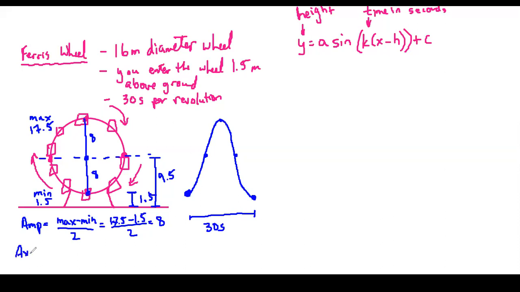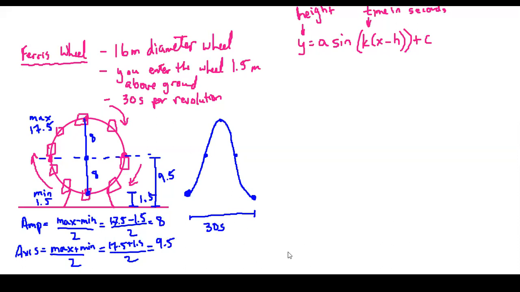The axis is the max plus the min over 2, or the average of the two. So we have 17.5 plus 1.5 all over 2, and that's going to give you 19, and then 19 divided by 2 is 9.5.